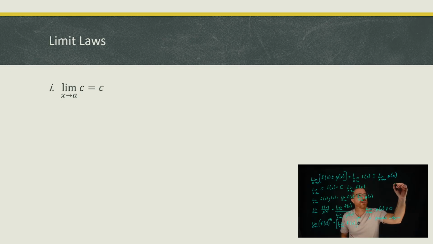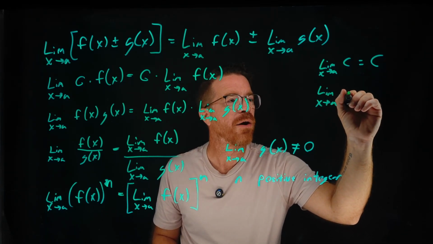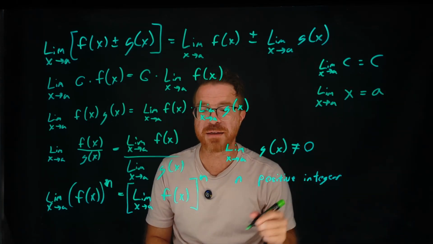We also have that the limit as x approaches some value a of a constant c will just be equal to that constant c. The limit as x approaches a of the variable x will be equal to that constant a.